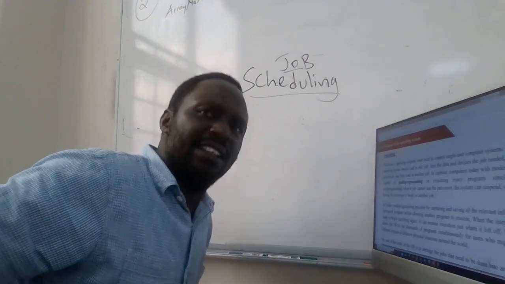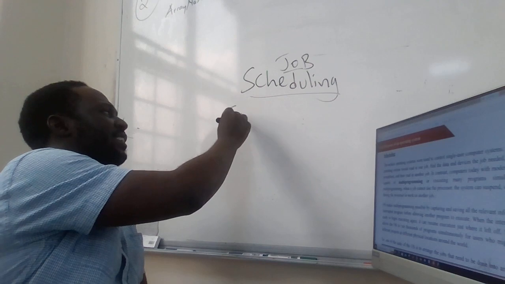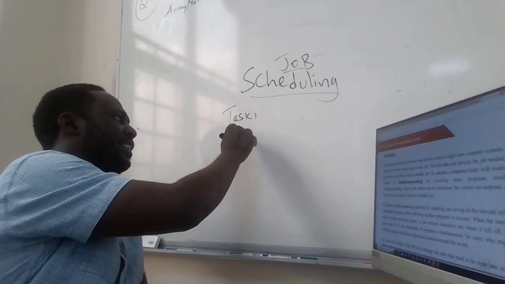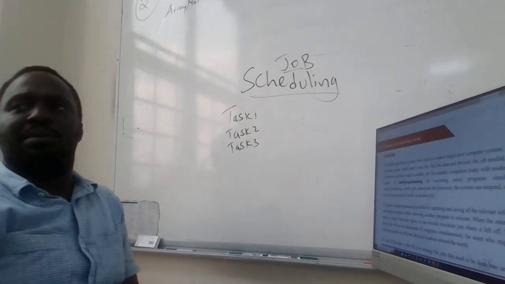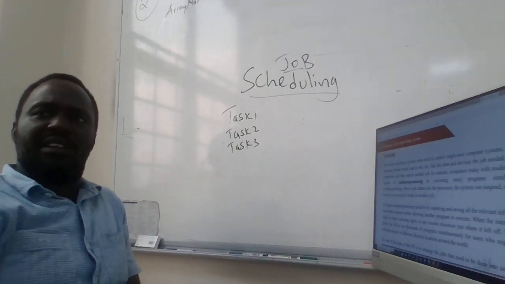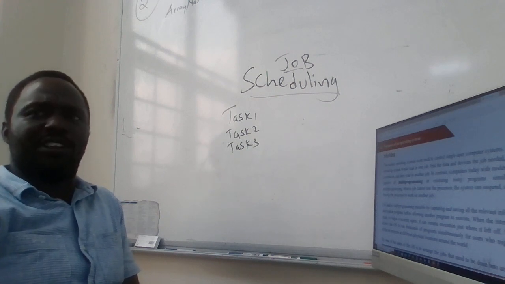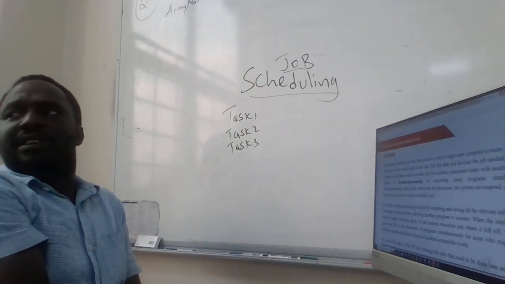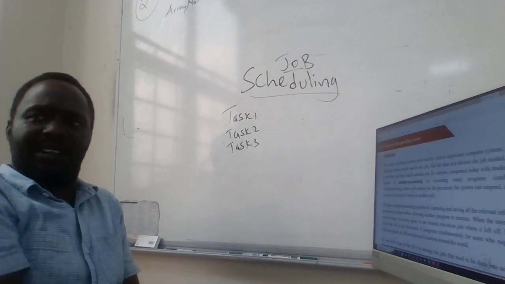The logic behind is we have so many jobs. We have task 1 or job 1, we have job 2 or task 2, and we have task 3. They all need to be done by the computer. But the computer is supposed to do one at a time. Why? Because the processor that performs these jobs handles only one job at a time.